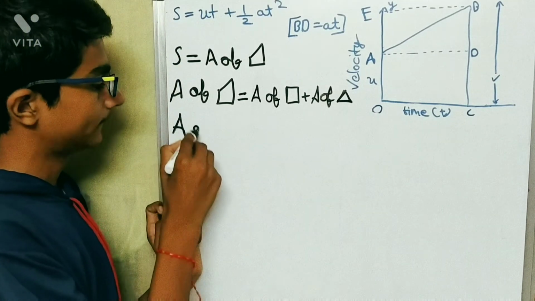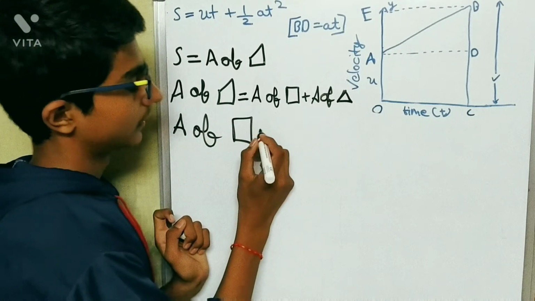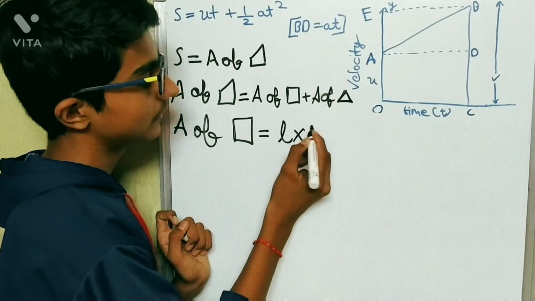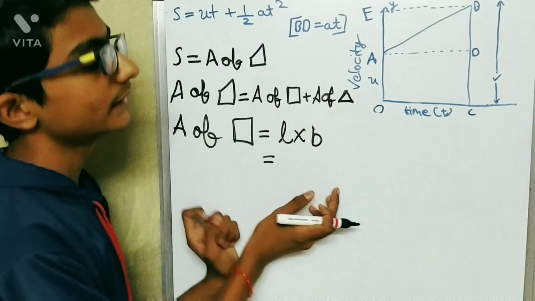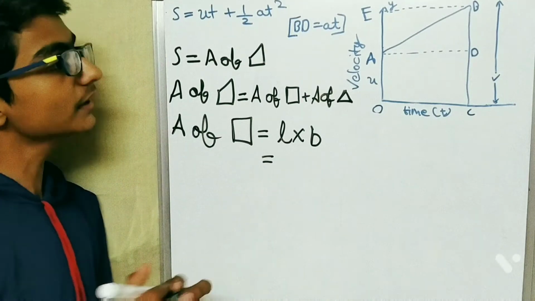Let's first find the area of the rectangle, and that is equal to L into B. So what is the length and the breadth here?